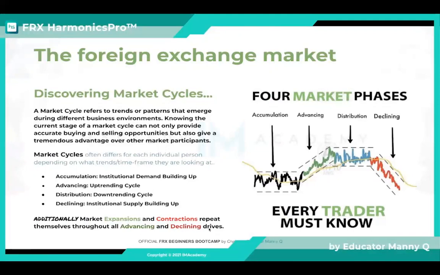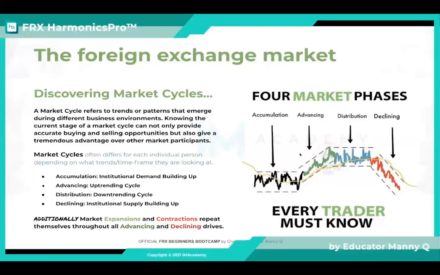So what do I mean here? When we are looking at advancing and declining drives, areas of expansion and contraction are very, very similar to accumulation and advancing, or distribution and declining, on a smaller scale, I guess you can say.